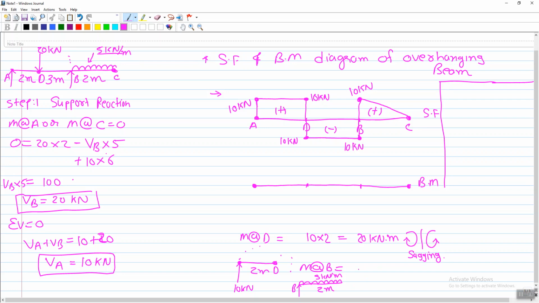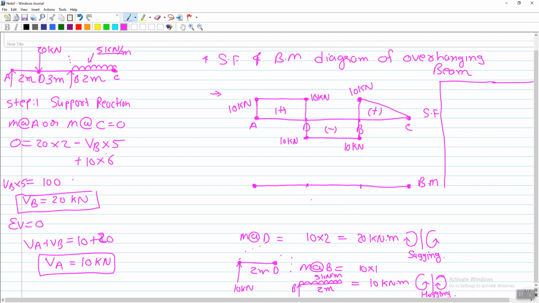So it's 10 kilonewton meter, but this moment is clockwise on the RHS, so on the LHS you will get anti-clockwise, and finally it's hogging, right? So here it is a case of hogging moment, and there it is sagging moment.